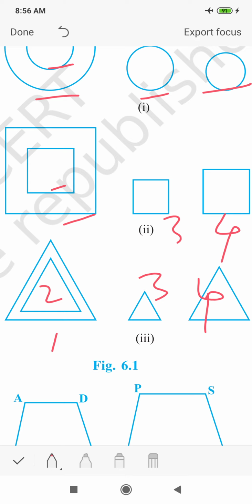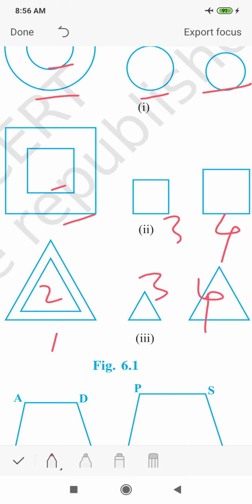So all equilateral triangles are similar to each other, all squares are similar to each other, all circles are similar to each other. Can you say that all quadrilaterals are similar? No, not all quadrilaterals, because their shapes are not the same. Square and rectangle are different shapes, square and kite are different shapes, isn't it? If they have different shapes, they are not similar.